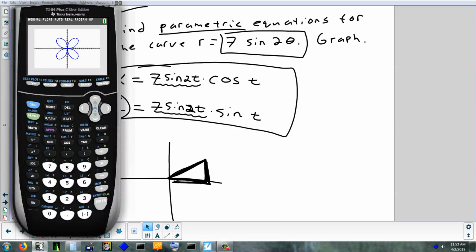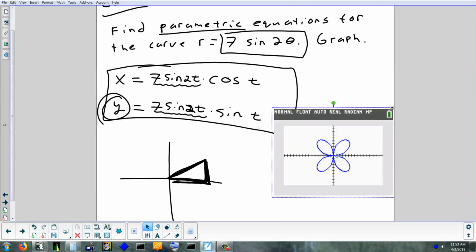And each petal, well, let me put the picture over here. How long do you think each petal is from there to there? Can you guess? Just 7. Yeah, just 7.